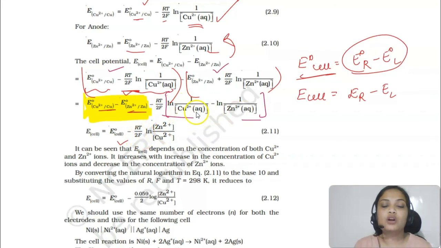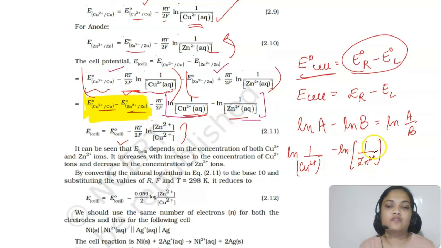Now look, log A minus log B. I hope you know this. Of course, if you have not studied maths, no issues. Remember this formula. You may wonder how this came here. So log A minus log B will be log A upon B. So here it was log of 1 upon copper ions minus log of 1 upon zinc ions.